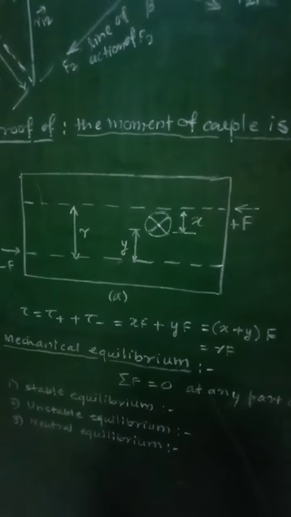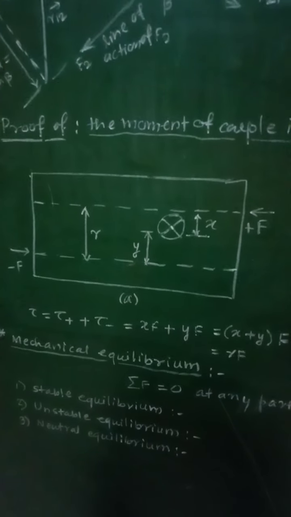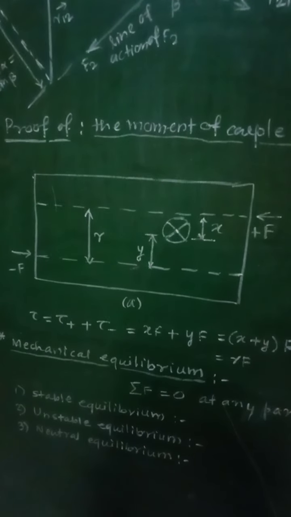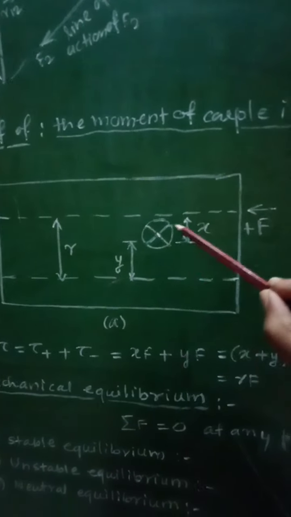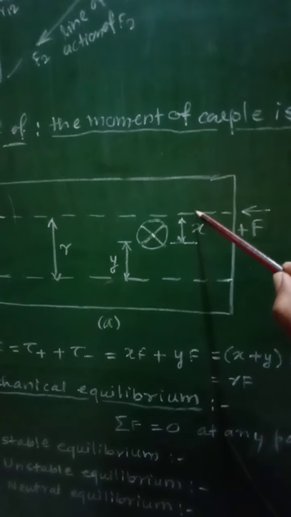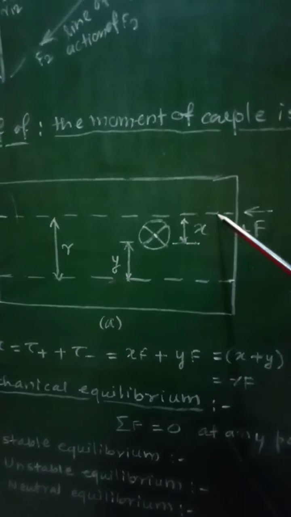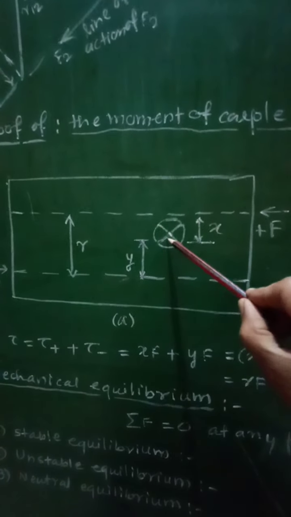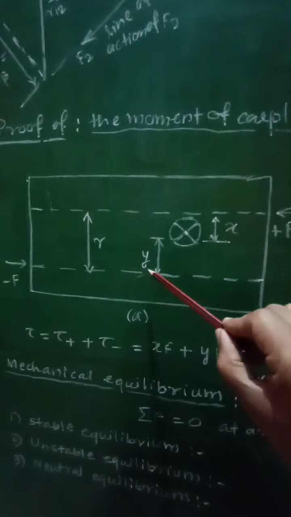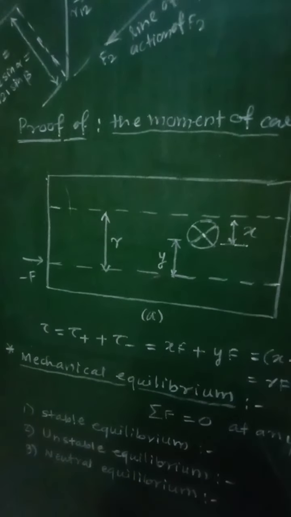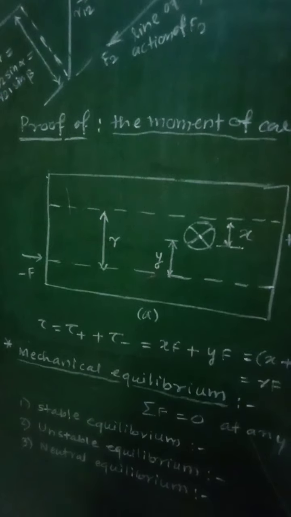From figure A, let the perpendicular distances of the axis of rotation from the forces plus F and minus F be x and y respectively. So x is the distance of the plus F force from the axis of rotation, and y is the perpendicular distance of the minus F force from the axis of rotation.